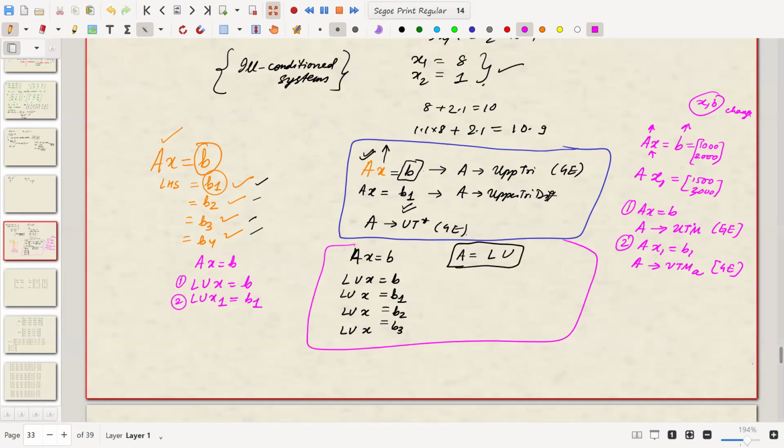What do you think happens? In the first problem, A is already decomposed into LU, so no operations are done. Just solve the equation. Then for the new problem, LUx1 equal to B1, here also you don't have to do any operations. The A matrix is still the same, which is decomposed into LU. So just solve the equation.